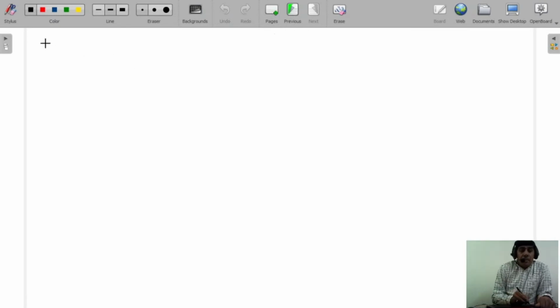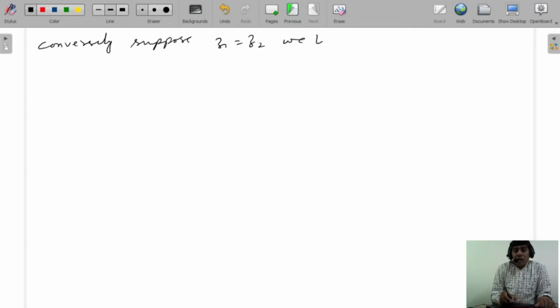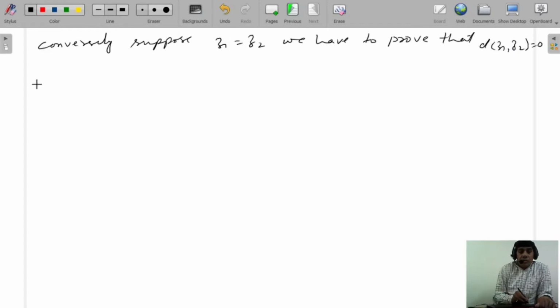Conversely, suppose z1 is equal to z2. We have to prove that d(z1, z2) is equal to 0.